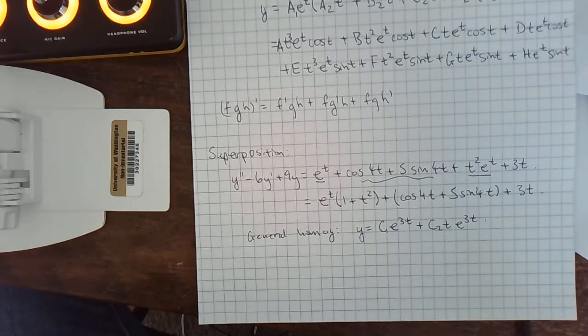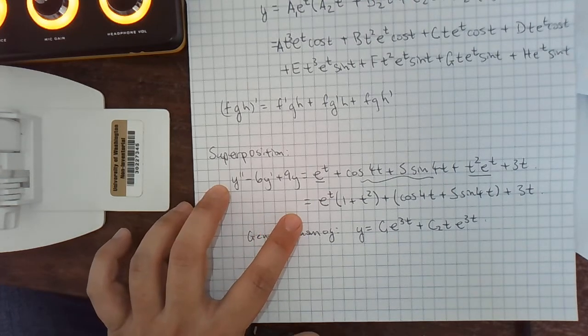Okay, then what happens to the non-homogeneous part?